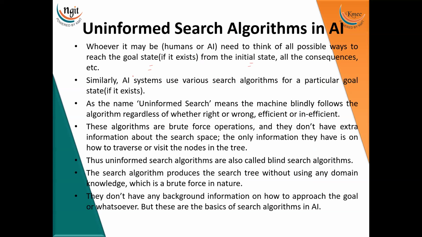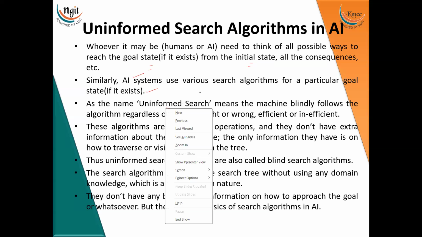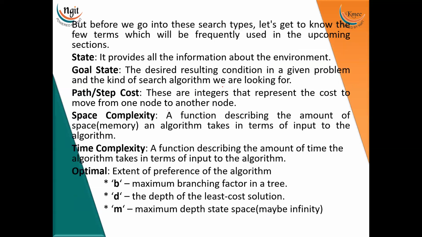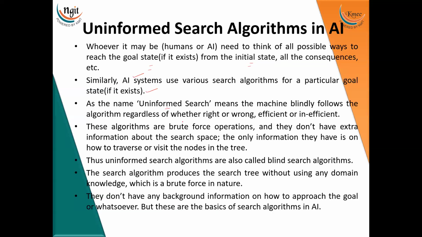Similarly, AI systems also use various search algorithms for a particular goal state. As the name indicates, uninformed search means machines blindly follow the algorithm regardless of whether it is right or wrong, efficient or inefficient. These algorithms are brute force operations. They don't have any extra information about the search space, and the only information they have is how to traverse or visit the nodes in the tree.